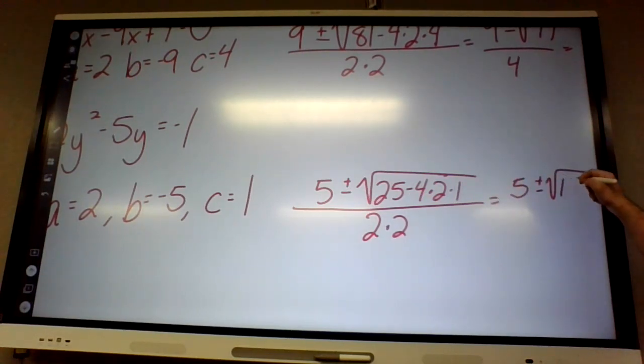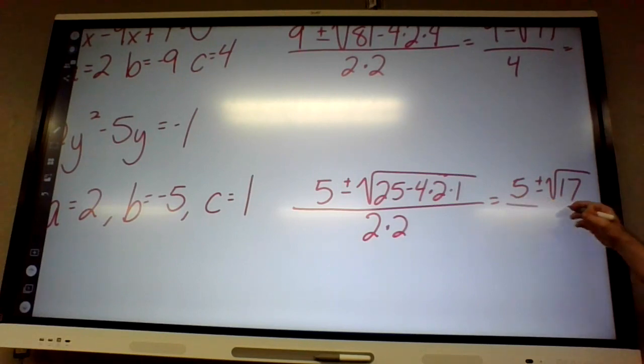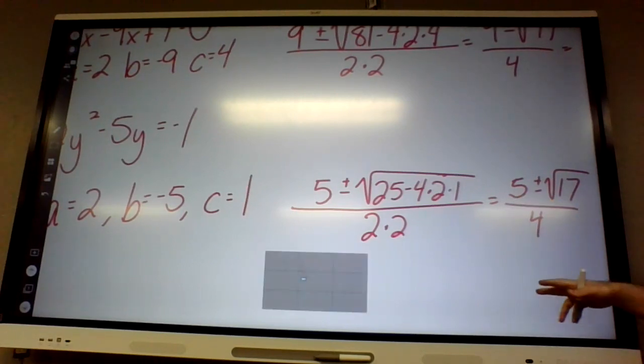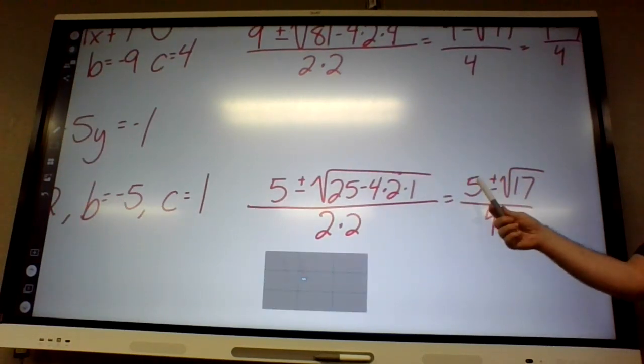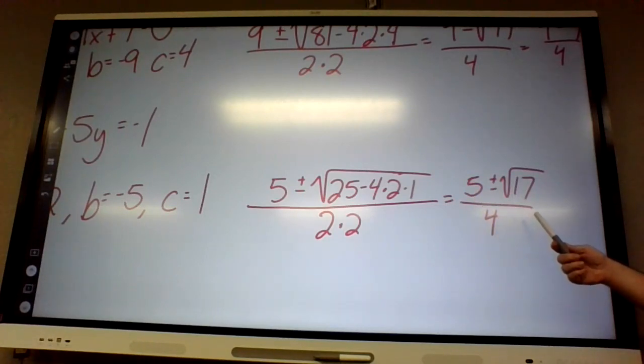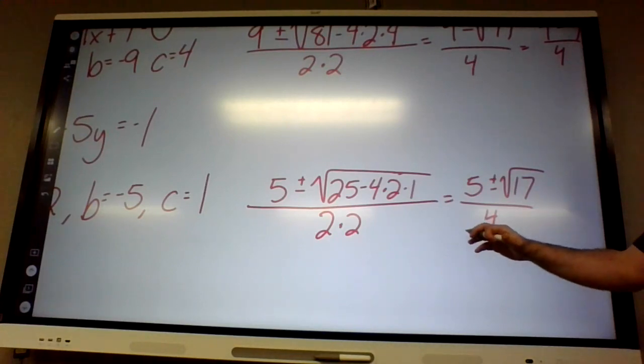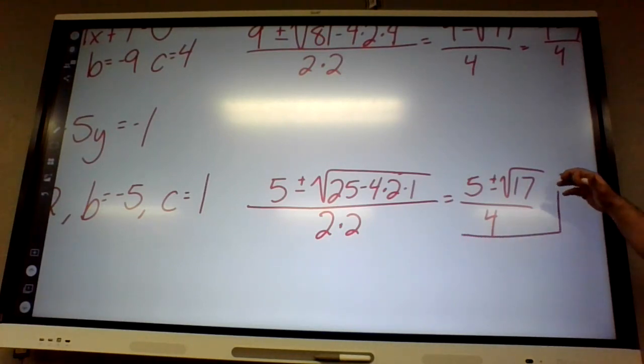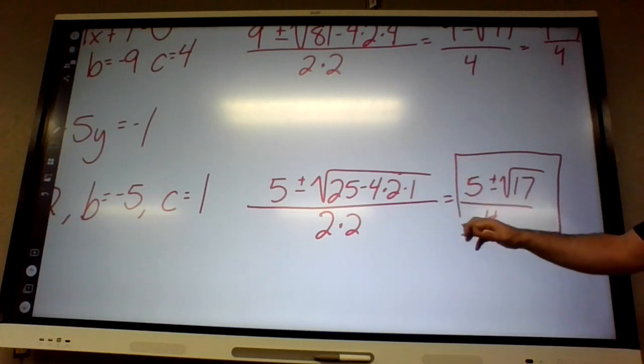Does 17 have a nice square root? No. So can I do anything else to simplify this? No. If you want to graph it or something, you could change it to a decimal, and it'd be a couple really messy decimal answers. But we're not doing that, so that's as simple as it gets.